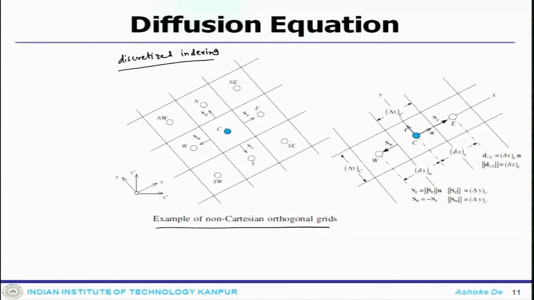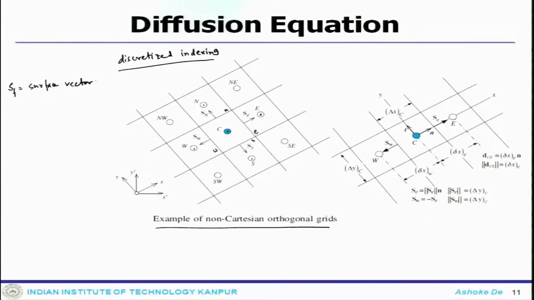You consider an element C, and then ahead of that element is, in standard notation, the east element, then on top of that, in the northern side, is the north element, then behind that element is the west side element, and underneath or down of that element is the south element, and the respective surfaces are identified as e, n, w, s, and all the S with arrows are surface vectors.